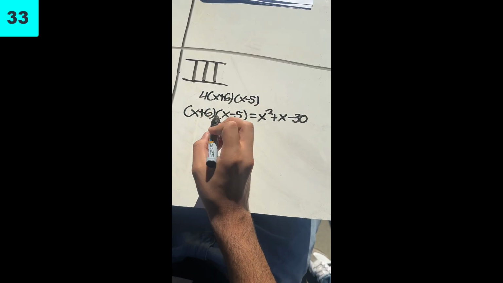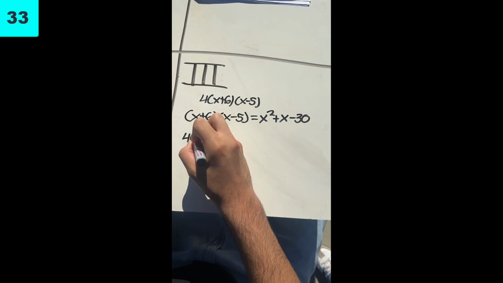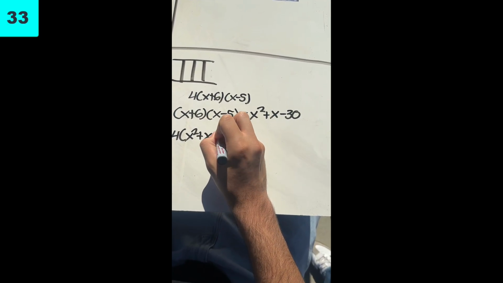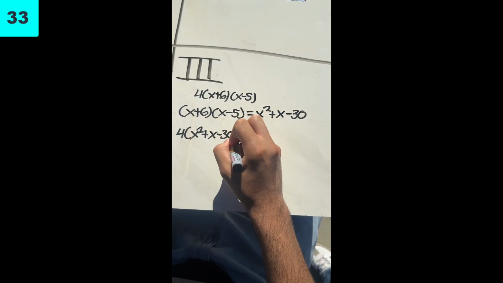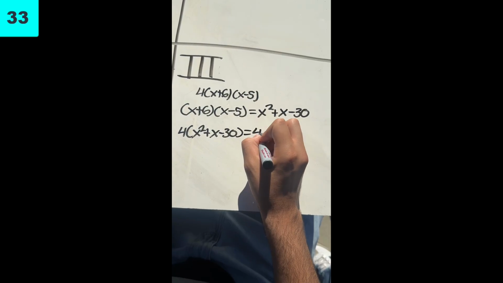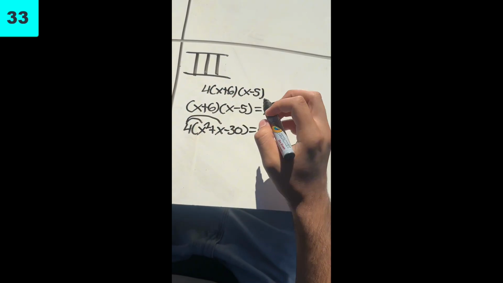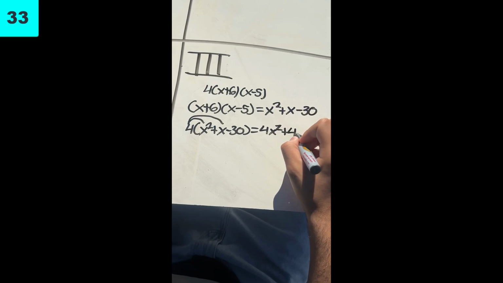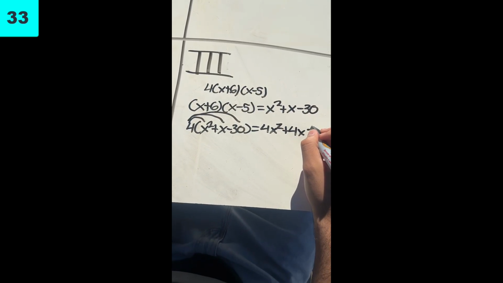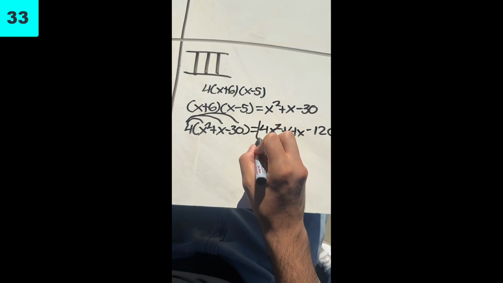Now we multiply the 4, so we bring it down. So 4 times x squared plus x minus 30, and multiply, so you get 4x squared plus 4x, and then the 30. This should be our final answer.